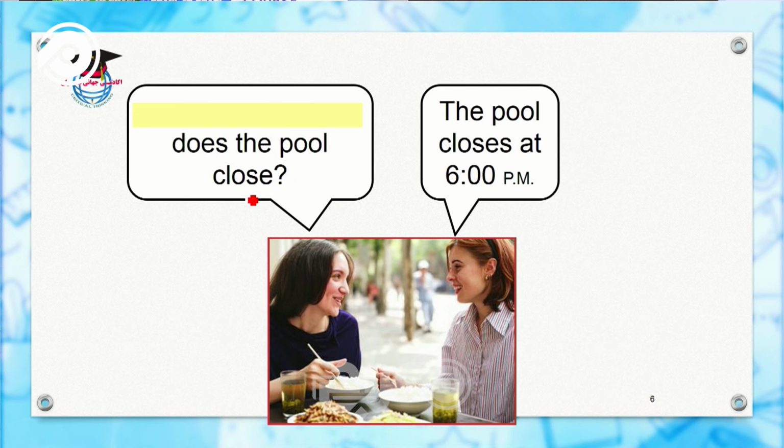When does the pool close? The pool closes at 6 p.m. What time or when does the pool close?